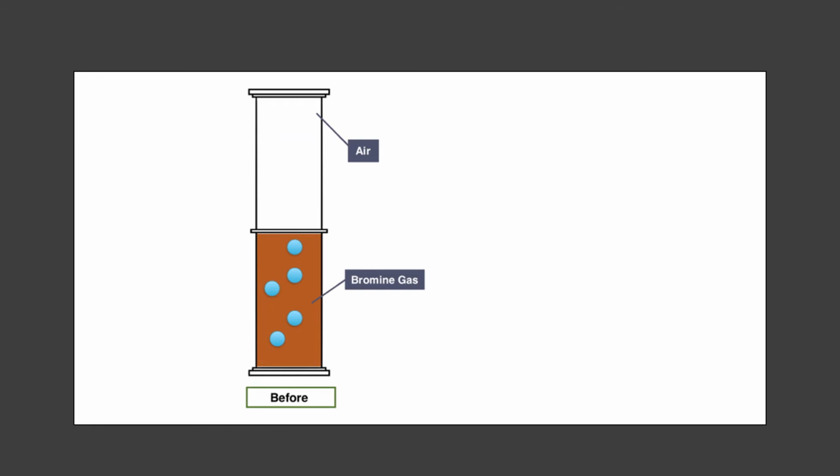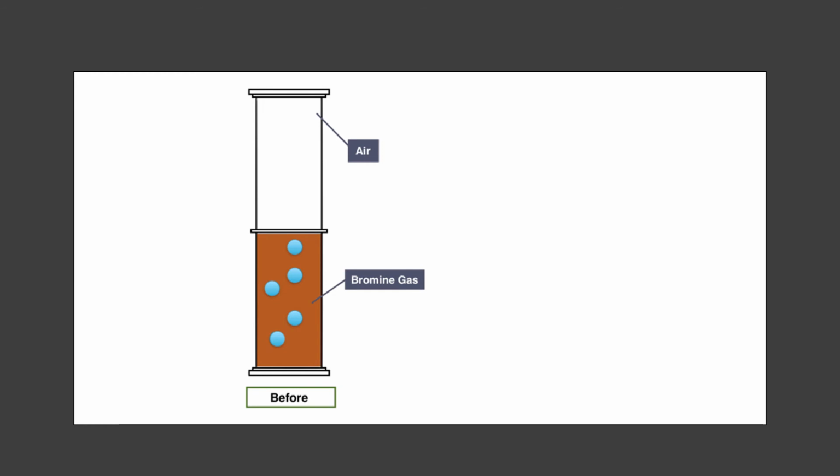So here is another example. What you see here is a gas jar where at the bottom you can see it's bromine gas, and at the top you have air, shown with a cover slip between the two gas jars. So let's say those 5 circles, the blue ones, are the 5 bromine molecules, just for example's sake.